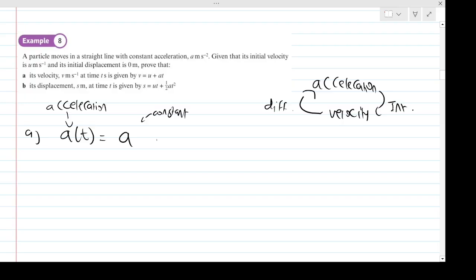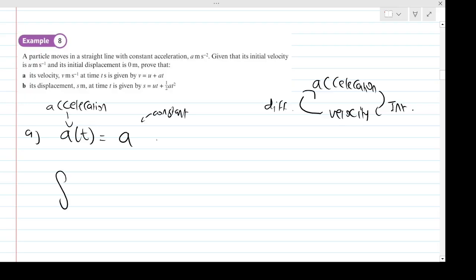With a displacement graph, velocity is the gradient. Hence, you differentiate displacement to get to velocity. And with a velocity graph, the gradient is acceleration. So you differentiate velocity to get to acceleration, because differentiation is gradients. You can pick your way to remember the relationships here, but you do need to remember what differentiates or integrates into what.